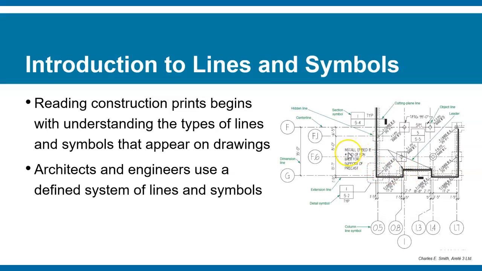And it says install or embed something at the end of the FDN. We may assume it's the foundation wall for support of precast. Okay, so there's a note and a comment there associated with that leader line.